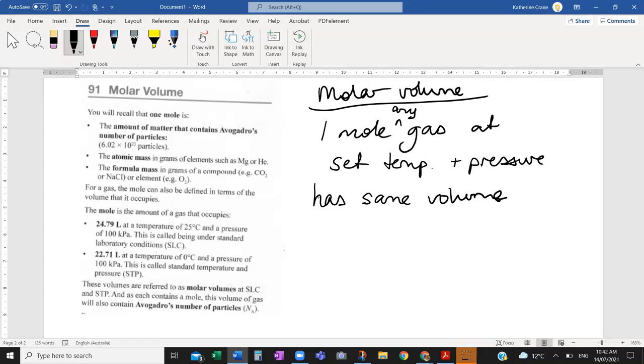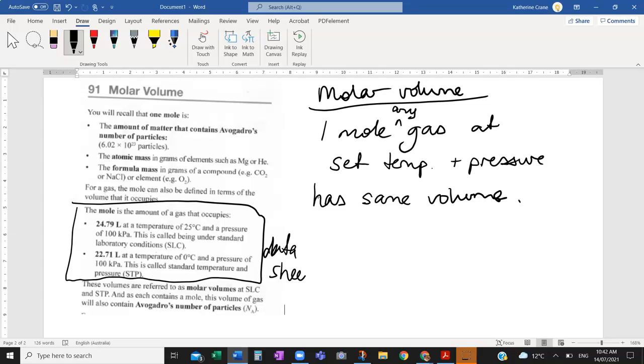Now, we actually know the volumes, and you're given 2 of them. Again, this stuff is given on your data sheet, so don't go and memorize it. You also have Avogadro's number.